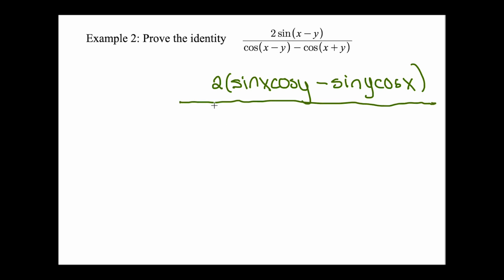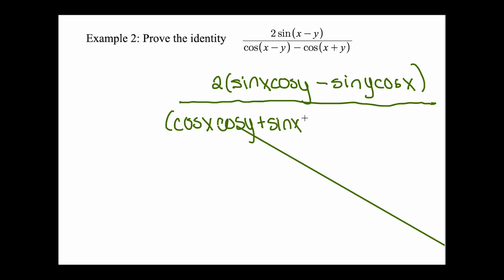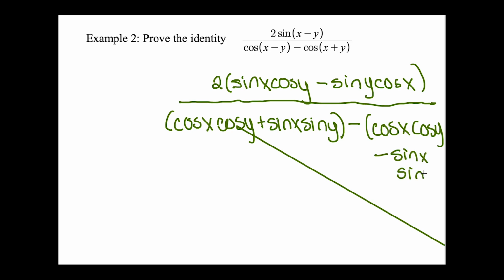The denominator: cosine x cosine y plus sine x sine y minus cosine x cosine y minus sine x sine y.